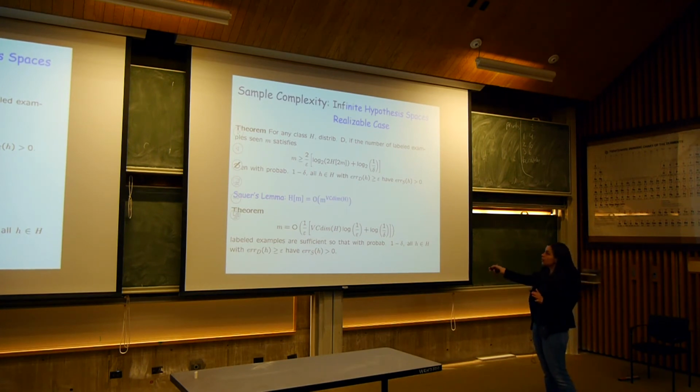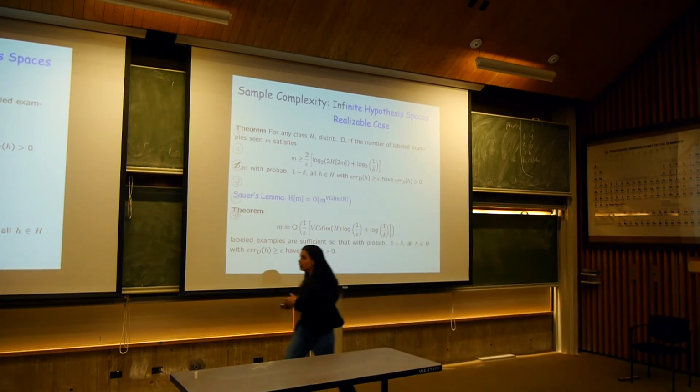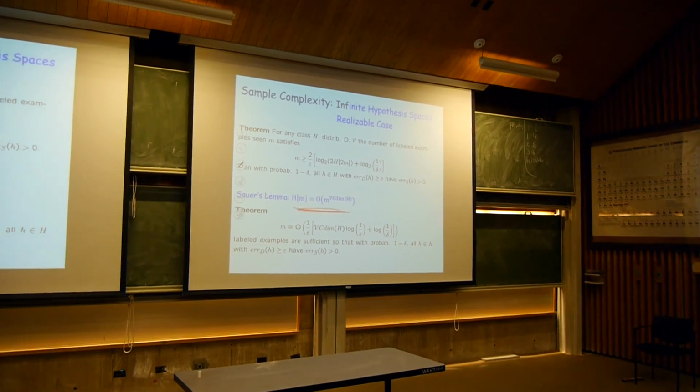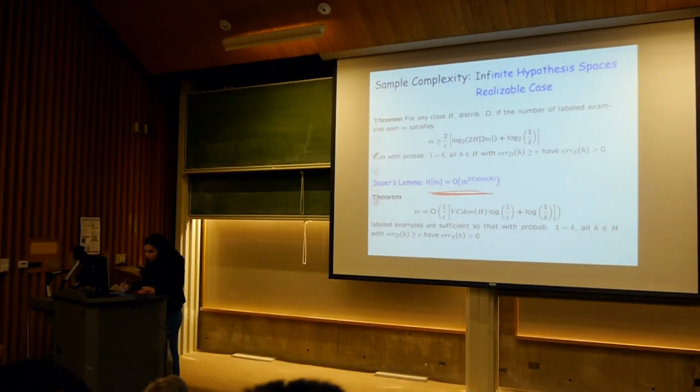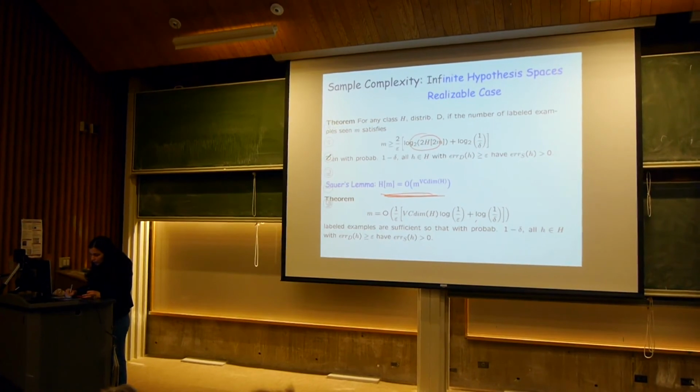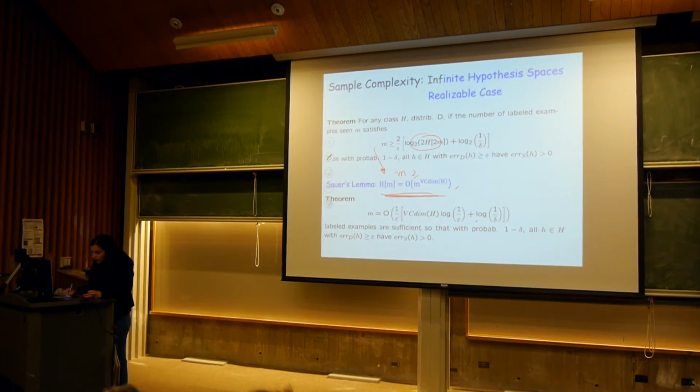But if the shattering coefficient suddenly becomes polynomial, like m to the d, where d is the VC dimension, then it turns out that I can hope for solving this. So what will happen then? If I have a value of m for which the shattering coefficient, instead of being exponential, is now polynomial, when I take the log, the inequality will tell me that m is greater than, ignoring the constant, 1 over epsilon times log of m to the VC dimension of h. What is that?